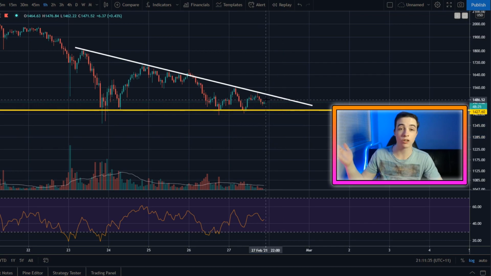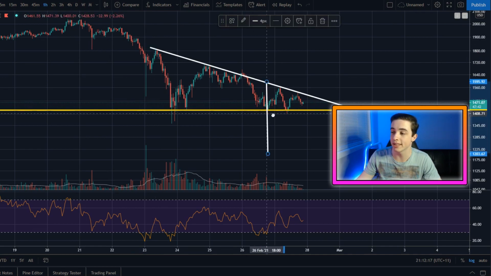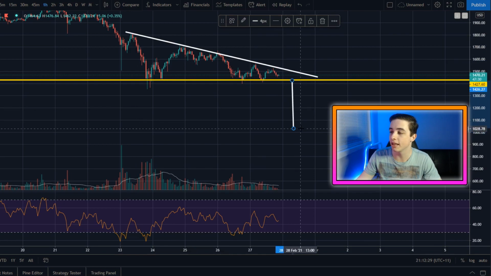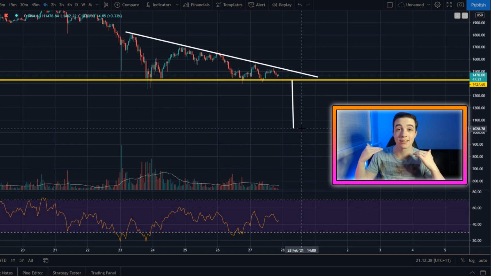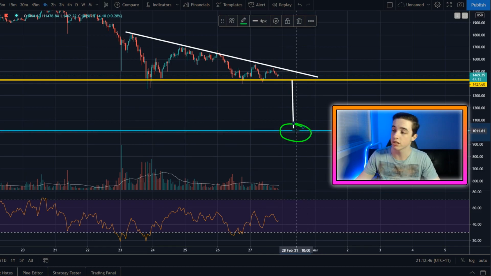Once again, we can trade that big move either way on the chart. But anyway, the exact price targets for this pattern for Ethereum, if we break to the downside, my price targets would be coming in at around $1,030 to be exact, just above that $1,000 level. So obviously around that $1,000 level, which by the way, I'll map out just here on the chart so you can see it more clearly.